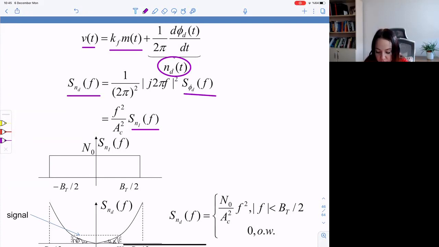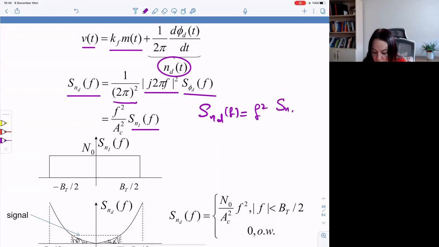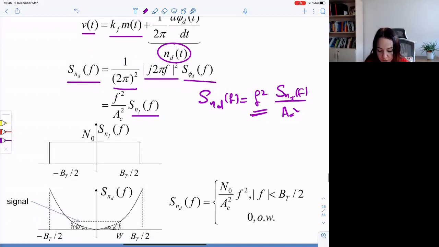And now, since we have differentiation here, it's j2 pi f squared divided by 2 pi squared. As a result, I have S nD of f being equal to f squared Sni of f over Ac squared. So this f squared term causes this interesting behavior in the additive noise. The original Sni is flat.